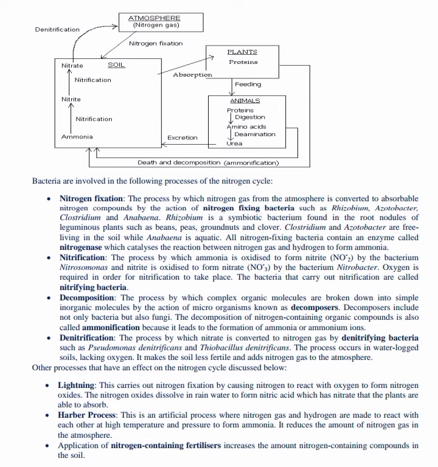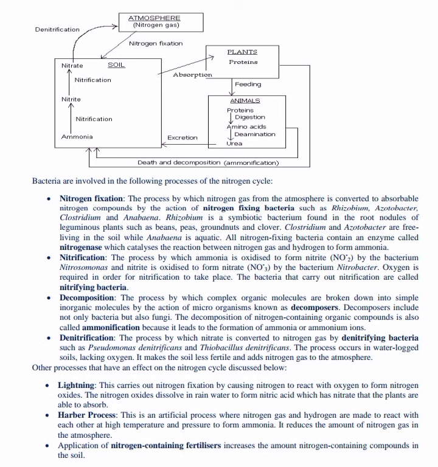We have nitrogen fixing bacteria which convert nitrogen in the atmosphere into nitrogen in the soil. Okay, so all nitrogen fixing bacteria contain an enzyme that we call nitrogenase, and they are mostly concentrated in leguminous plants, which include beans, peas, groundnuts, and clover.